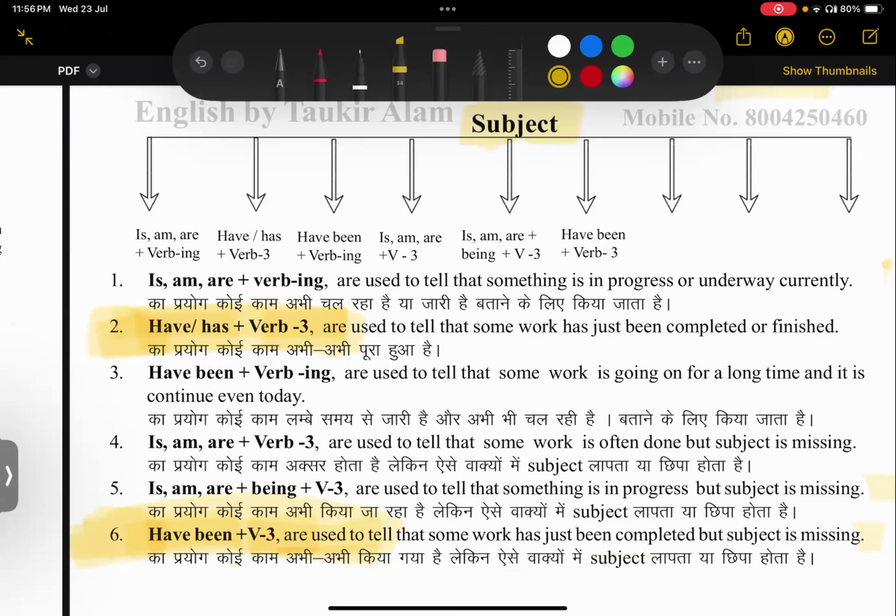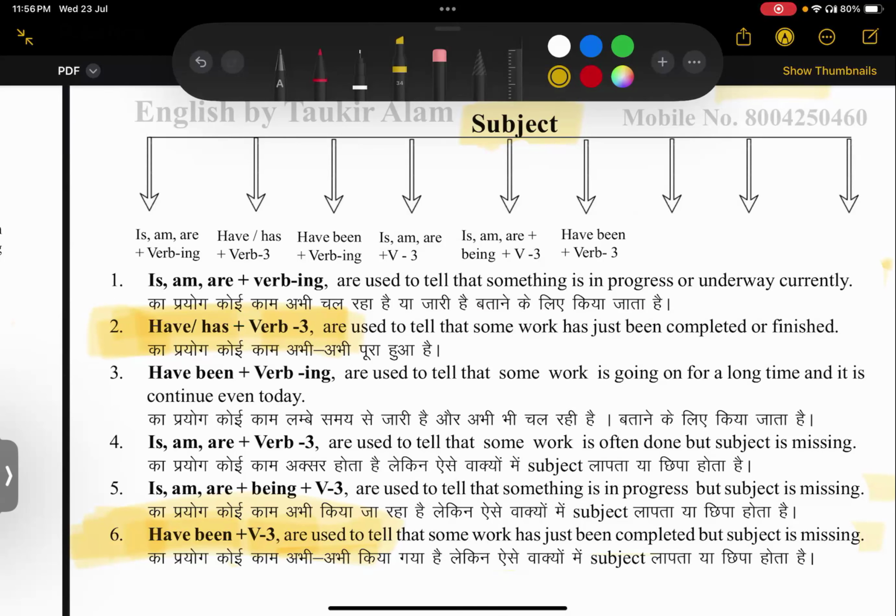So if you want to speak such sentences where you want to say that कोई काम कर दिया गया है, but you are not going to understand who is that man who is doing this work, in this situation, you will use subject have been plus verb in third form.